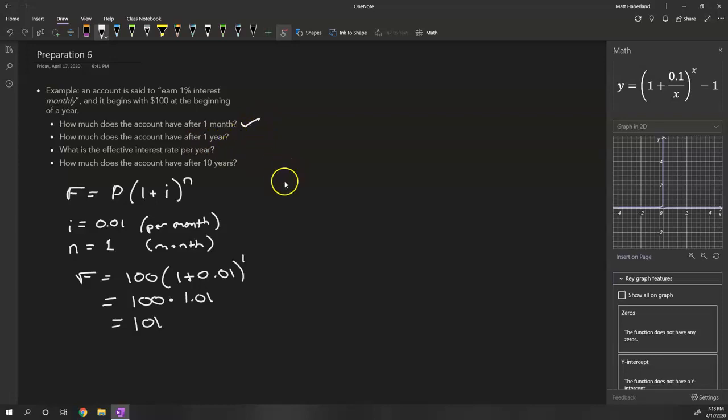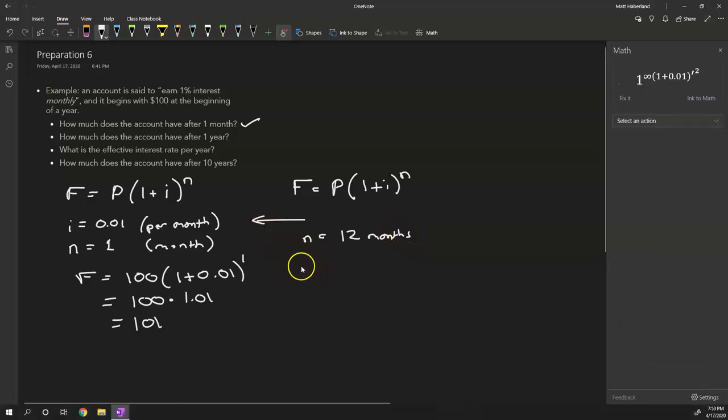How much does the account have after a year? The future amount, same formula, is equal to P, the principal, times 1 plus i to the n. Nothing's changed except for the value of n here. i is the same, still equal to 0.01, but now n is equal to 12 months, 1 year.